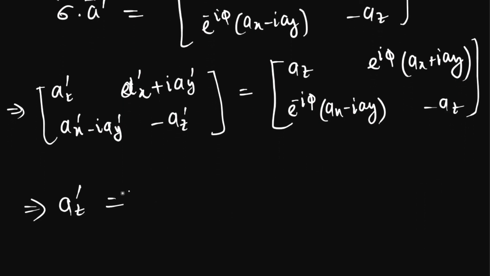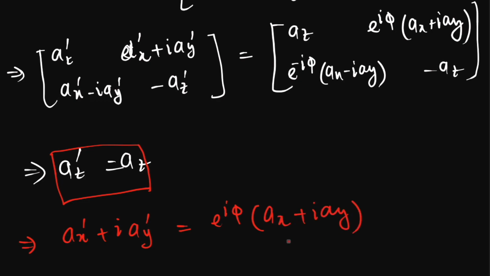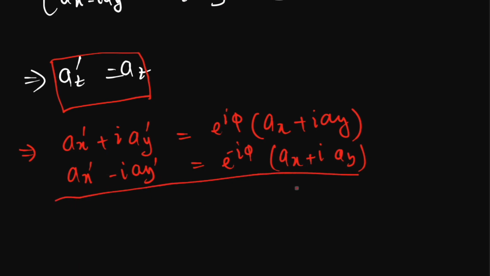That means az prime equal to az, and ax prime plus i ay prime equal to e to the power i phi into ax plus i ay, and ax prime minus i ay prime equal to e to the power minus i phi into ax minus i ay. Let us solve these equations.